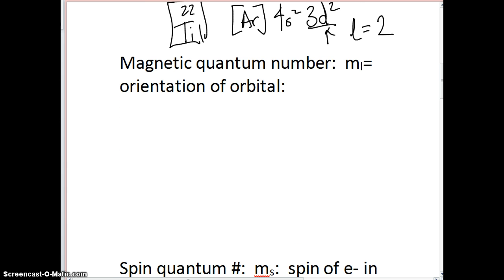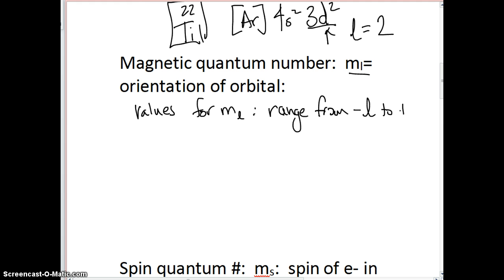The magnetic quantum number has the symbol designation of m sub l, and this is the orientation of our orbital. Now, this is what m sub l is defined as. The values for m sub l are going to be a range, and the range is from negative l to positive l.